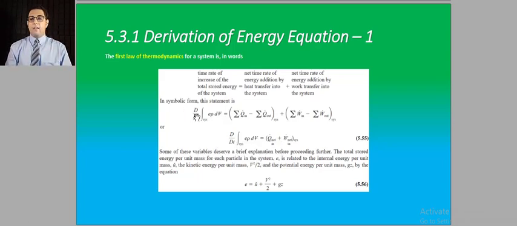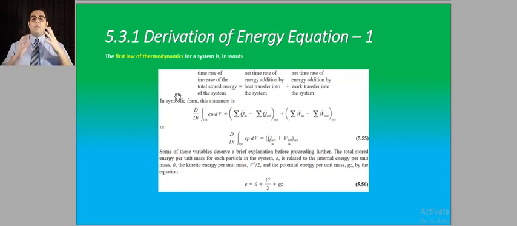Here we have the material derivative of the energy equation in the Reynolds transport theorem, in which we just substitute the small e, which is energy per unit of mass, for the small b.